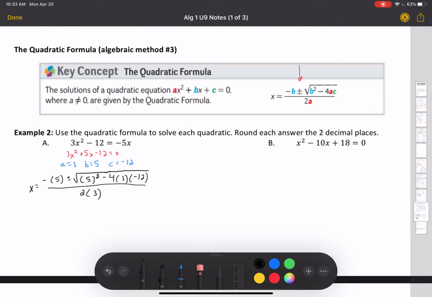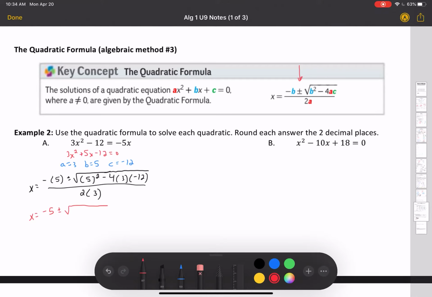Next thing I'm going to do is simplify what I can. So I've got x equals negative 5 plus or minus the square root. I'm going to figure out what number is underneath the square root, so I'm going to plug what's underneath the square root straight into my calculator. Parentheses 5, parentheses squared, minus 4, parentheses 3, parentheses negative 12.